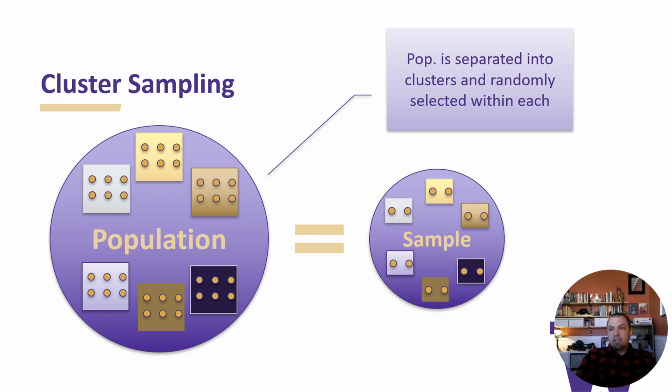And so the benefit of this is that you are able to get representation across the city within those neighborhoods. And so the neighborhoods help cluster the population and help us as researchers be able to identify which clusters are included and which clusters have not been included.